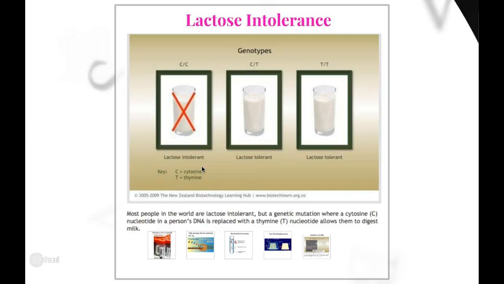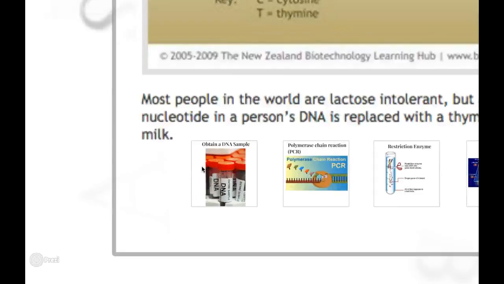Previous tests for lactose intolerance were time-consuming and invasive, but the latest test determines whether a subject has the cytosine or thymine nucleotide in their DNA close to the lactase gene pretty quickly using the DNA diagnostic technology. Let's check them out.